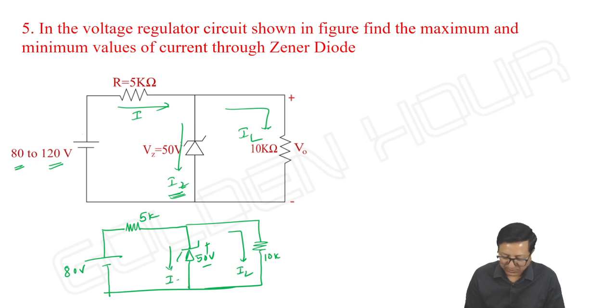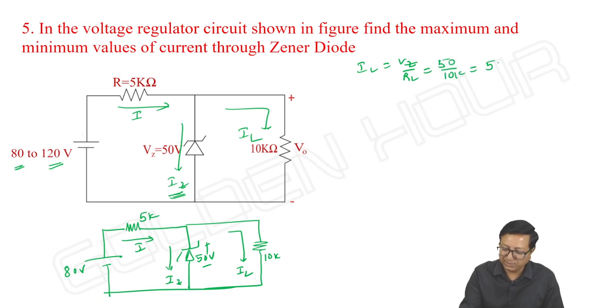IL, IZ and I. So what about IL? It is VZ by RL. It is 50 by 10K, 5 milliampere. It is same for all the cases because RL is fixed. No, RL is not changing here. Okay. What about I? As input is minimum, I can say I is also minimum. I is proportional to input.